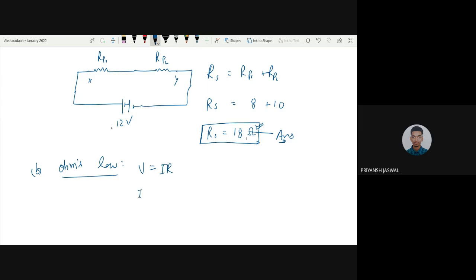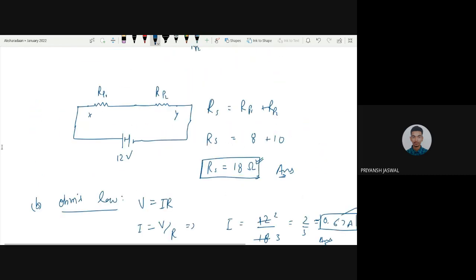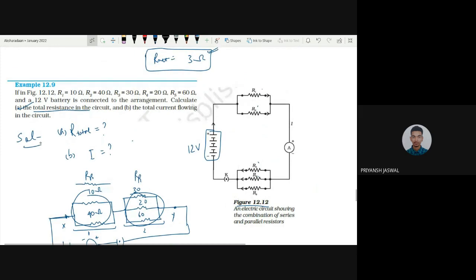So I is V by R. This implies I total is 12 volt by the net resistance, that is 18. 6 2s are 12, 6 3s are 18. So current becomes 2 by 3, that is approximately 0.67 ampere. This is our answer. B part is also done.